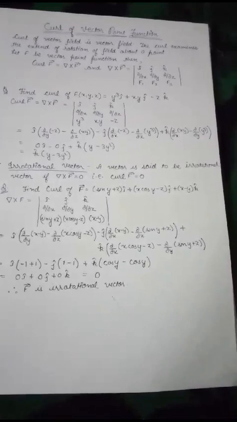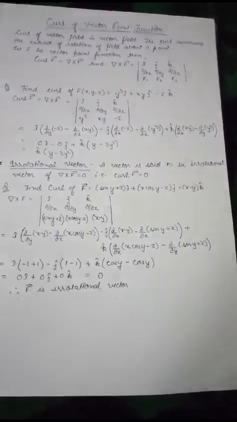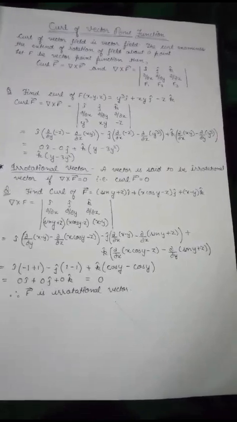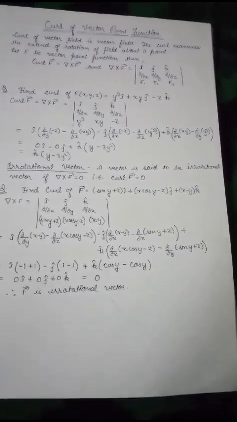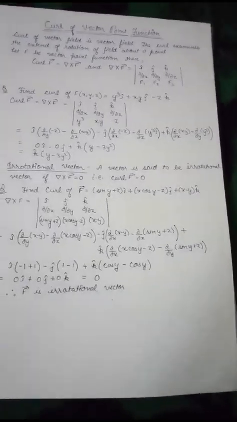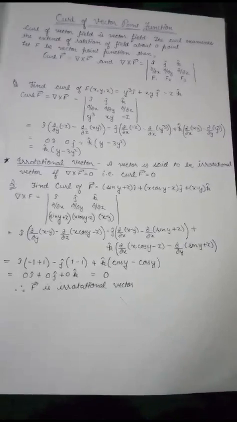To understand this, let us suppose that F is the velocity field of a fluid. Now the curl of F at some point P is also a vector field, as said earlier.